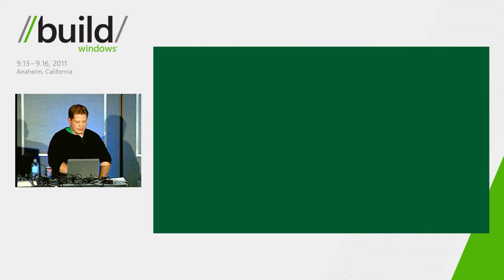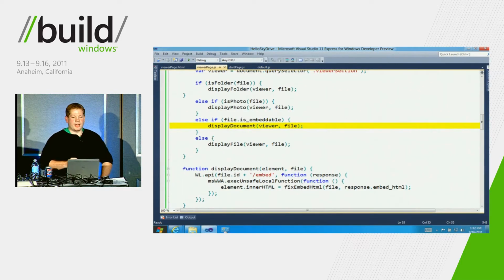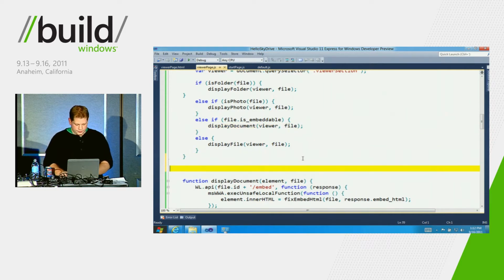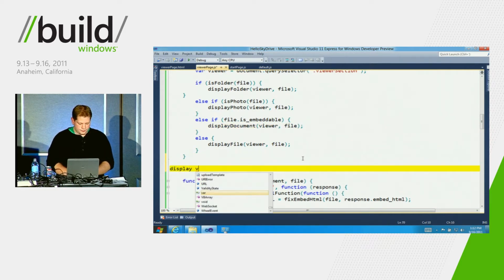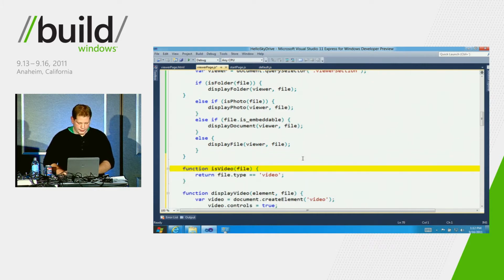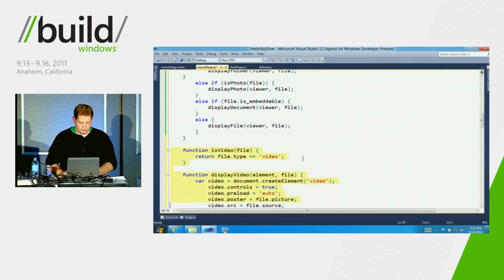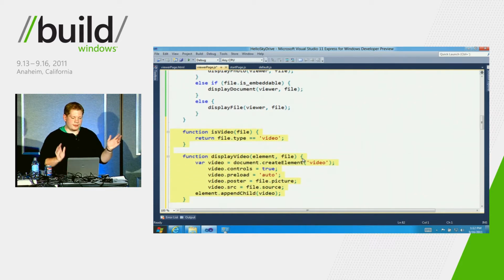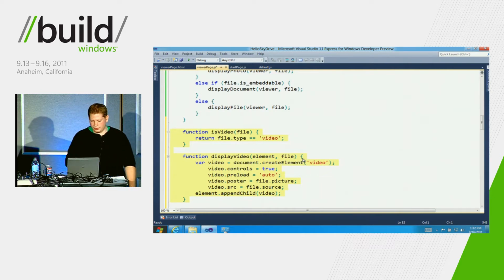The next thing I'll show is, someone in the audience wanted to see video in action. So I'm going to go ahead and do that. This should come as no surprise. It's equally simple. If the type is video, we've got a video.